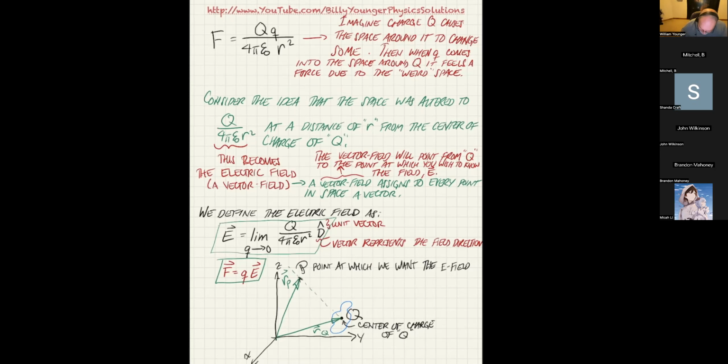So if I pretend Q is positive and I put a positive charge over there at point P, which direction will the electric field point? Will it point towards the RP or towards the RQ? Remember, like charges repel and unlike charges attract. I'm wanting to put a positive charge at the end of vector RP.